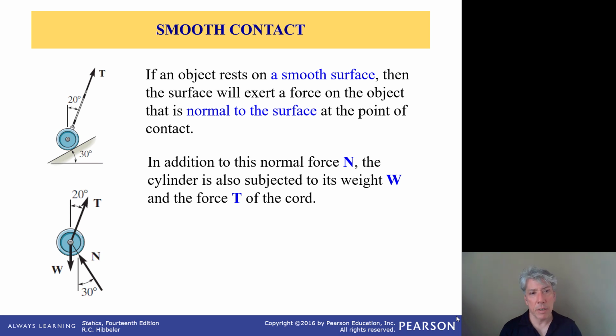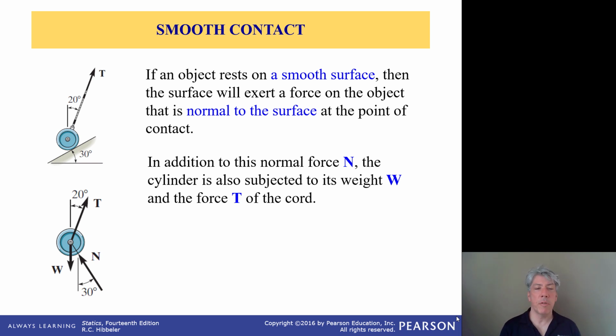Gravity acts straight down. And so we're assuming that this is the horizontal line and the plane is inclined at 30 degrees from a horizontal line. So the weight has to act directly downward, but the normal force is what changes angle. And the reason that happens is because the only force that the incline can apply to the body is a force that has no friction, and that is a so-called normal force.